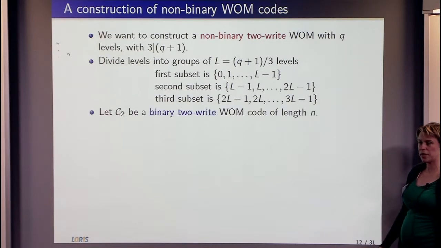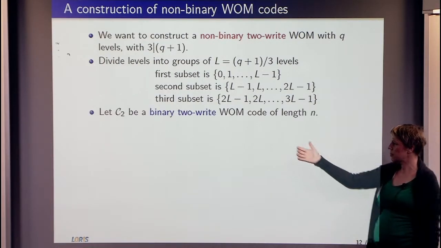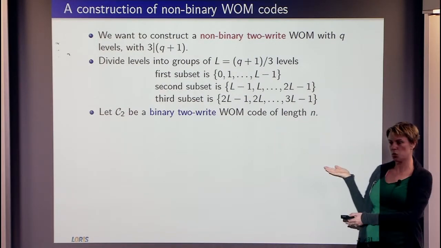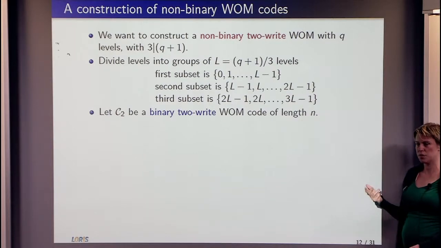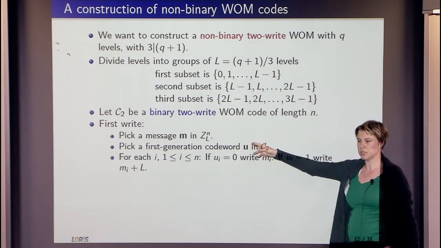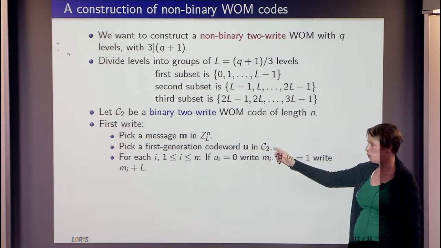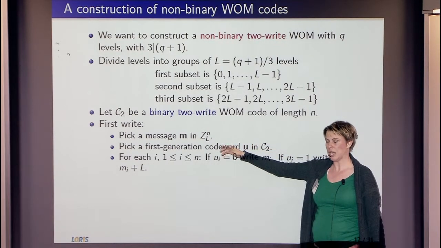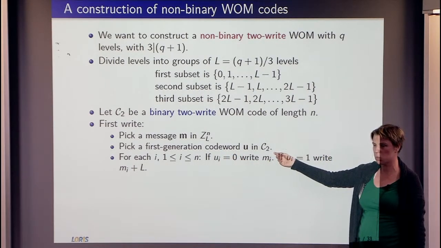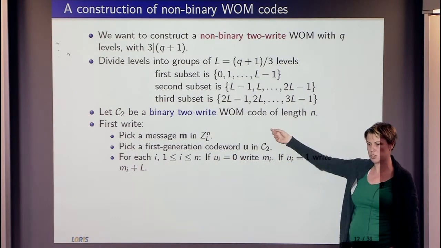Here is the way we can encode. Suppose we have available a binary two-write WOM code, and I just showed you an example of that one, your Rivest and Shamir code. On the first write, we're going to pick some arbitrary message of length n over Z_L. We're going to pick a first generation code word from our constituent binary WOM code.